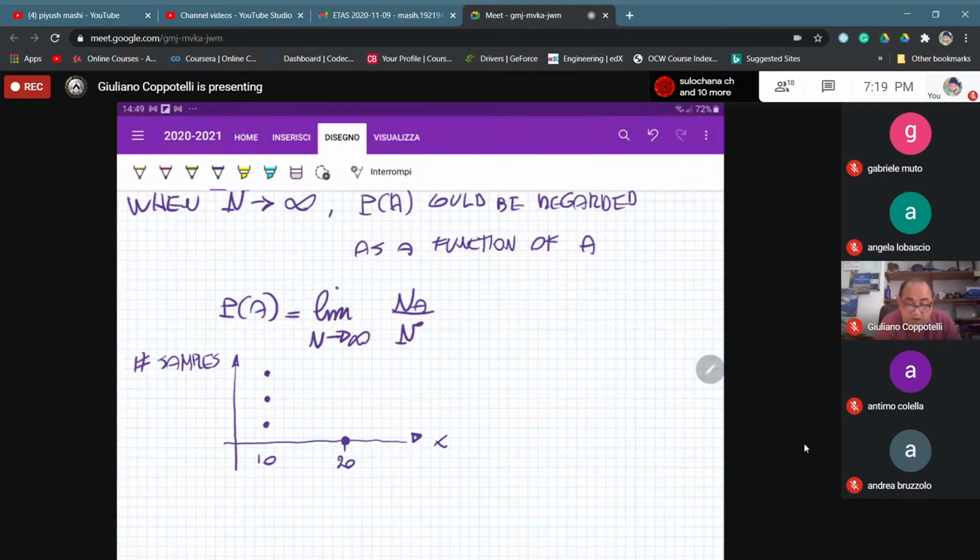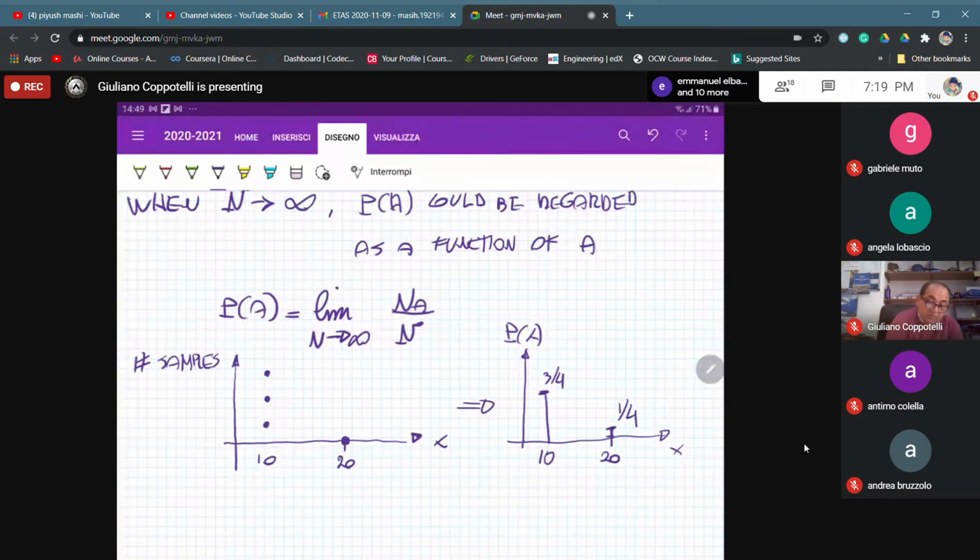When we are moving to an infinite number of samples, that picture could be redrawn as this one. Here, once again, we have the P of X, and then we have X, and here we have 10, and here we have just 1. So here we have 3/4, and then we have 1/4. As you can see, when lots of data are available, we are moving from a discrete distribution to a continuous distribution.